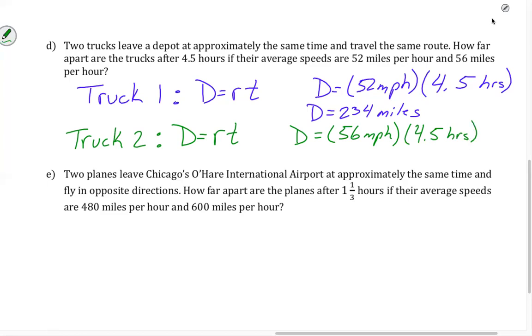So that one, 56 times 4.5, is 252, hoping.